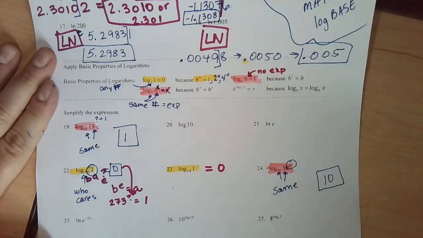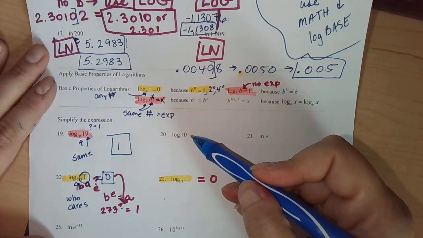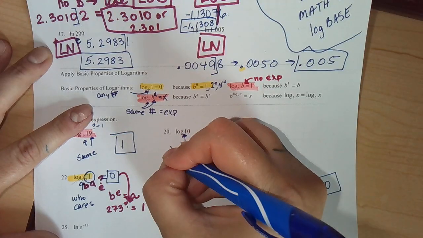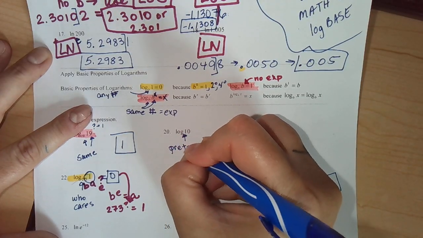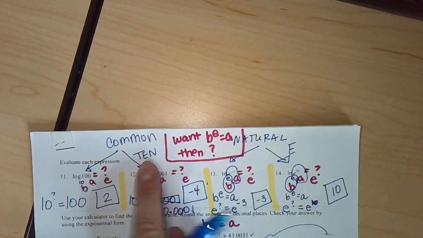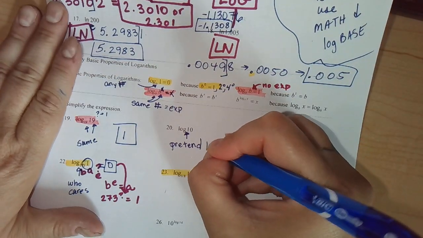Okay, let's look at 20. We got a couple of issues here. First, we're missing that subscript. Well, it's either a pretend 10 or an E. It's a 10 here.